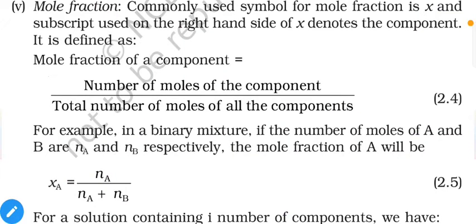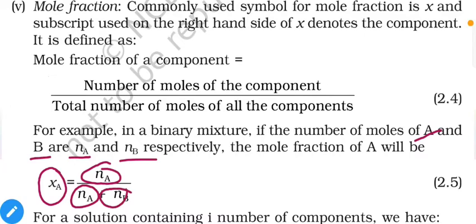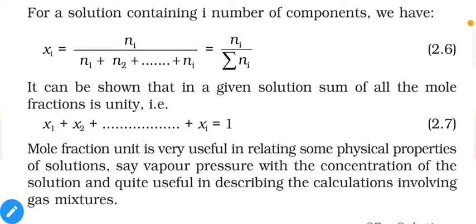Suppose we have two different compounds in a mixture, that means a binary mixture, and the number of moles of A is equal to Na and the number of moles of B is equal to Nb. So the mole fraction of A is equal to the number of moles of A divided by total moles. Here we have two different compounds, that's why the total is the number of moles of the two compounds. As a common equation, suppose we have a total of i components. The mole fraction of a compound is equal to the number of moles of that compound divided by the total number of moles.